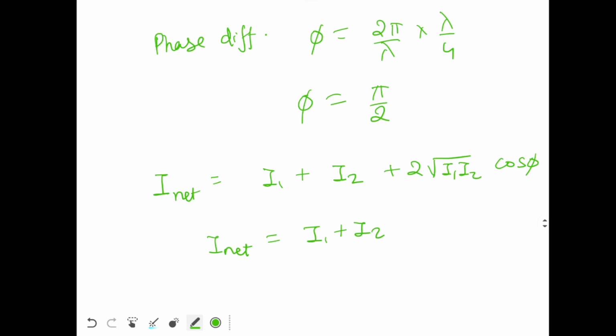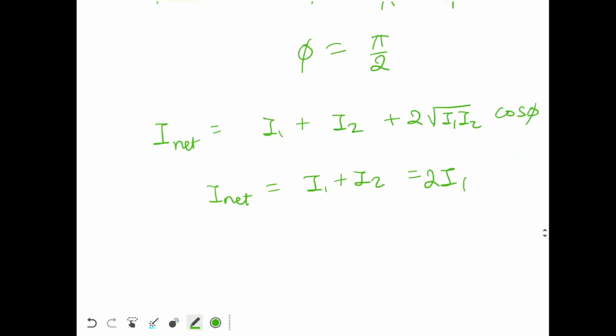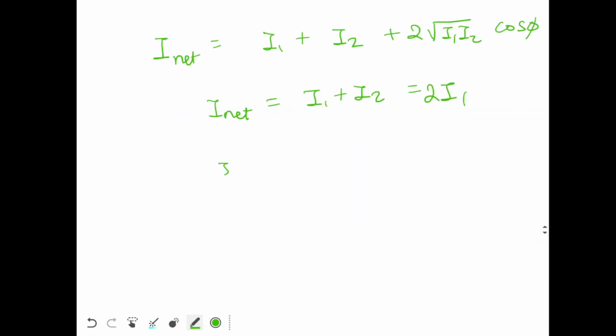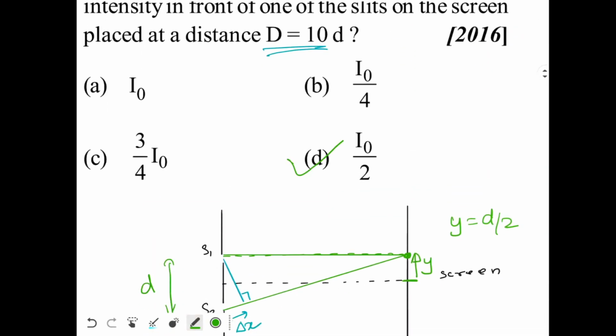But since both the sources have same intensity, this will be equal to 2 times I1 because I1 equals I2. And we have I1 equal to I naught by 4. So I net equals 2 times I naught by 4, so that is equal to I naught by 2. So the correct option will be over here, option D. Okay.